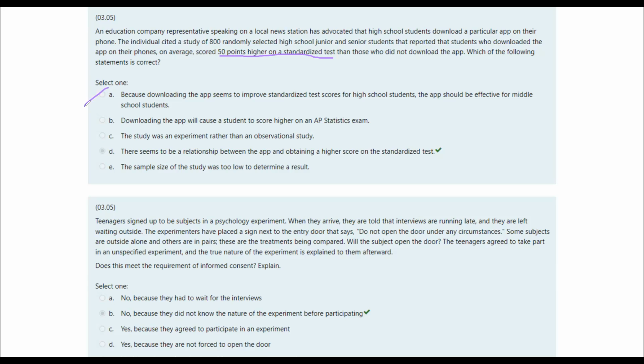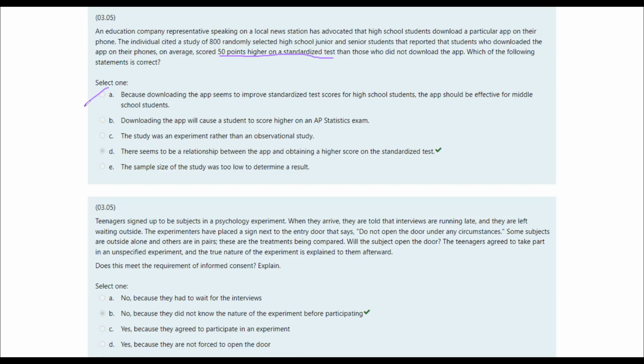because this is what we call a correlation. There are two different things: correlation and experiment. Correlation is when you're just naturally observing something. All you did was tell them to get the app, and then you observed that they got 50 points higher, right? It's not an experiment. An experiment is if you actually had an experimental group and control group, like I said, and you manipulated something yourself.